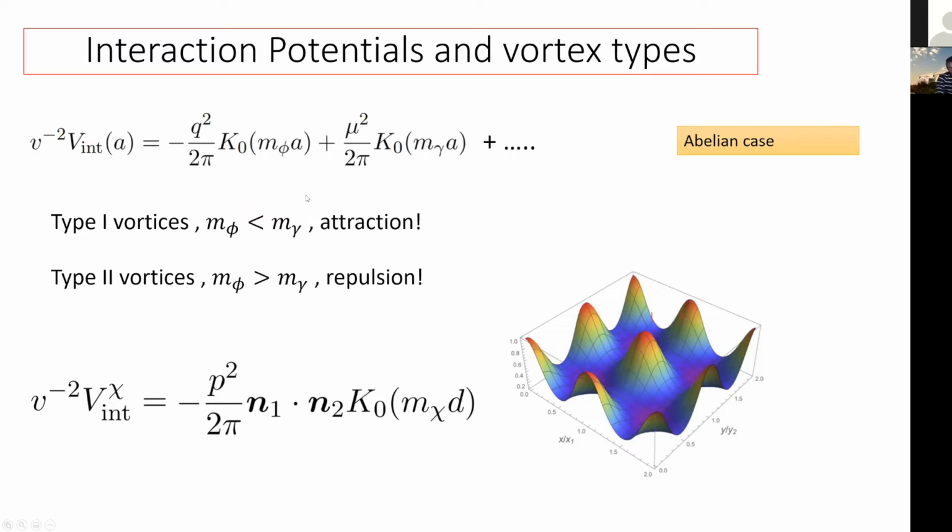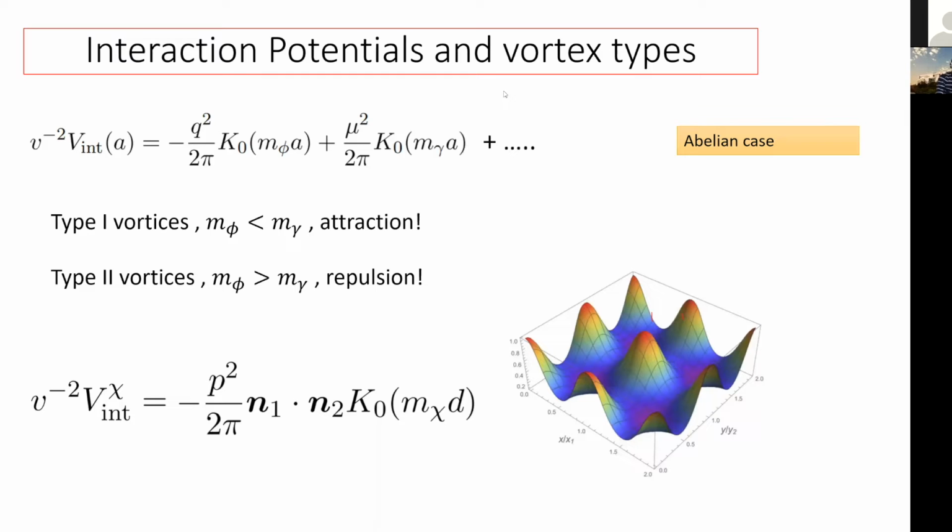And the opposite case, the case where m phi is greater than m gamma, therefore this term decays faster than this term. In that case, since this carries a positive sign, we expect the force to be repulsive. And therefore, if I put two vortices together, I expect these vortices to repel one another.